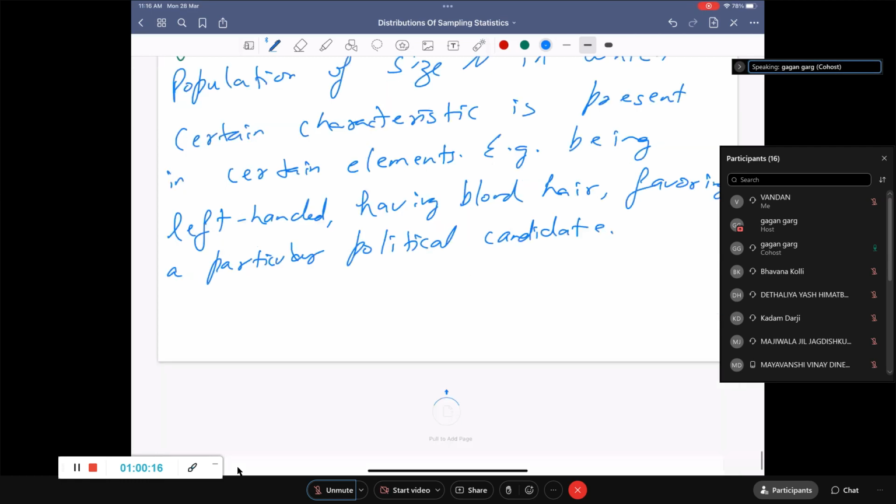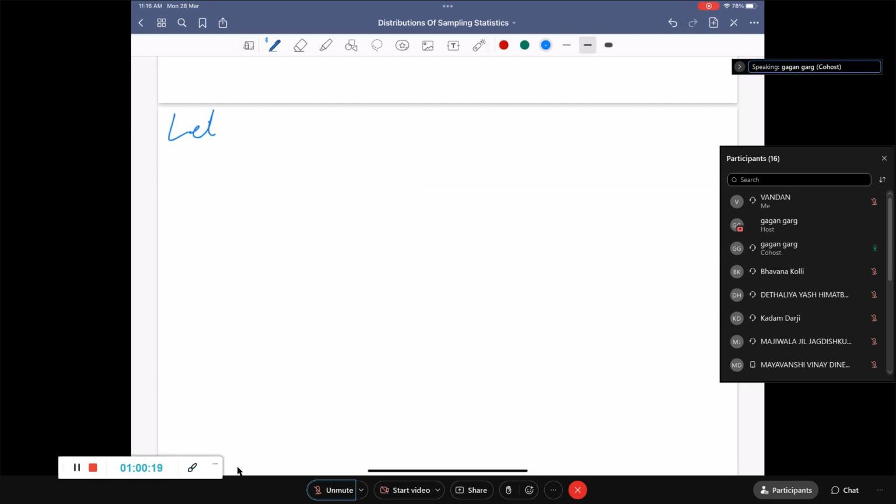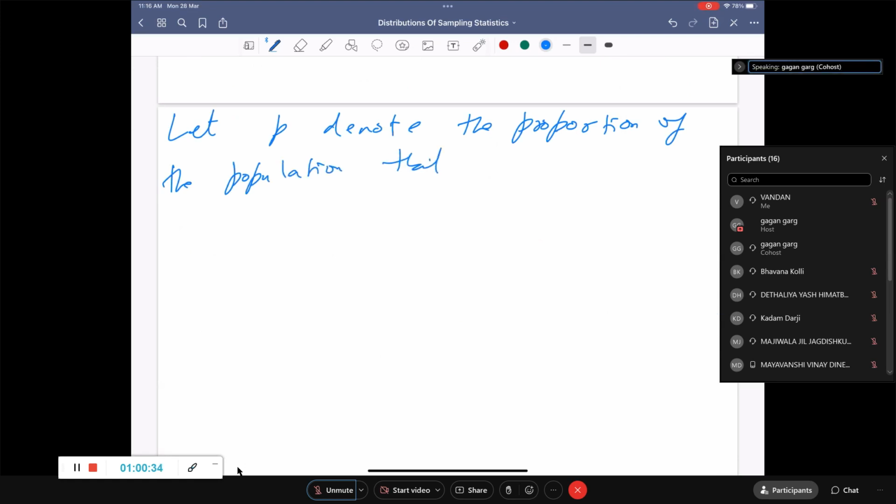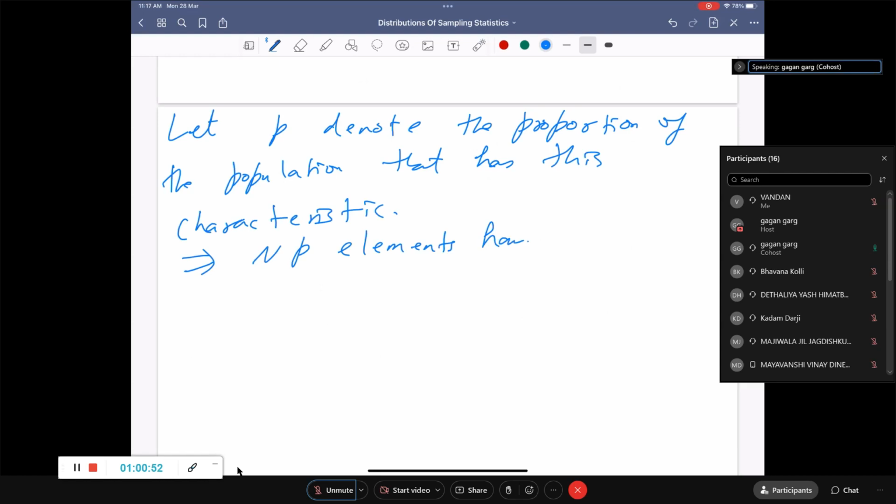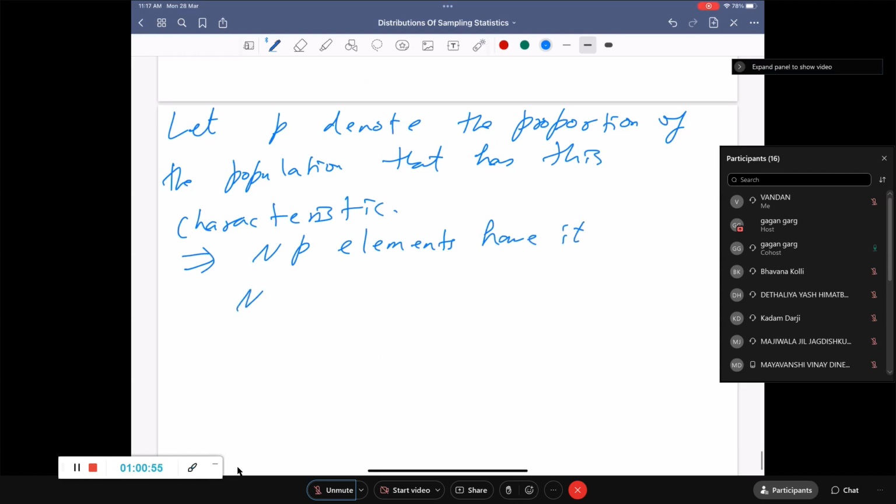Okay. So now let's say that we denote by p the proportion of the population that has this characteristic. What does it mean? It means that n times p elements have it and n into 1 minus p do not have it.